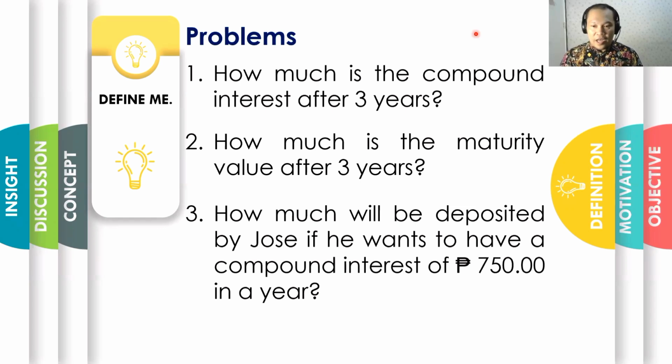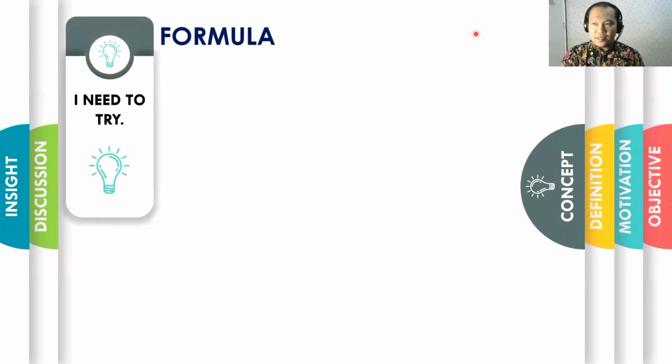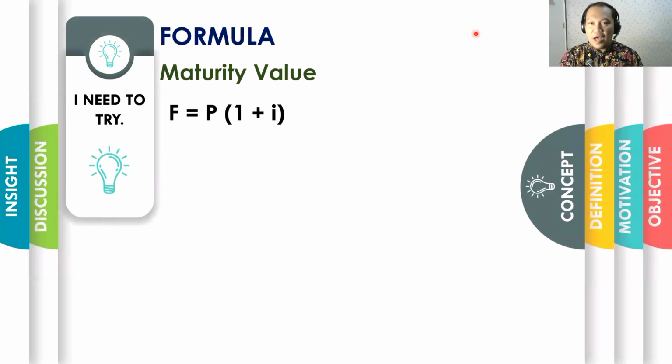To answer that problem, let's deal with the formulas that we are going to utilize so that we are able to respond to the problem given. First, we have the maturity value or the final amount.